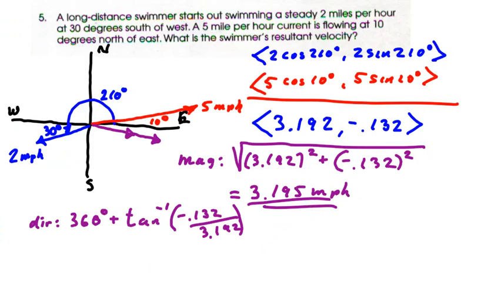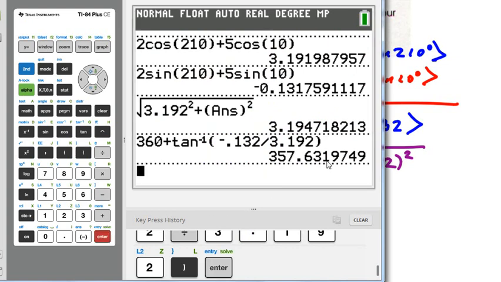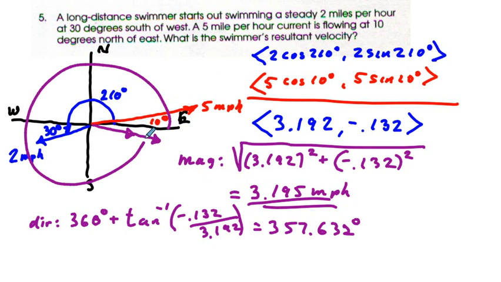And the calculator gives us 357.632. Okay, so it's going to be just this angle almost as I drew it. So this right here is going to be 357.632.